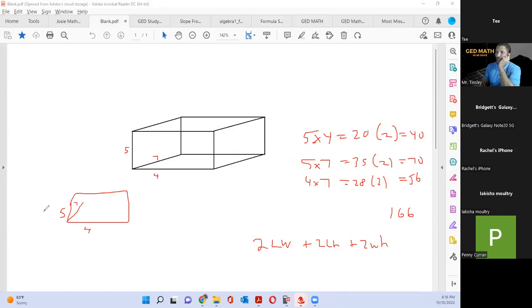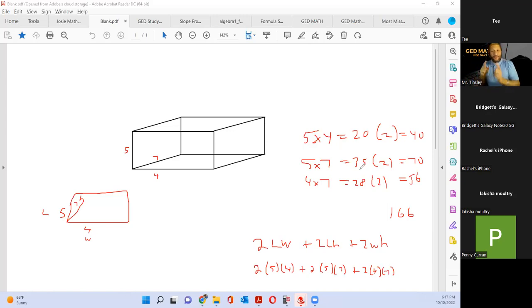So we just fill everything out. 2 times the length, which is 5, times the width, which is 4, plus 2 times the length, 5, times the height, which is 7, plus 2 times the width, 4, times the height, 7. That's exactly what I did up top.